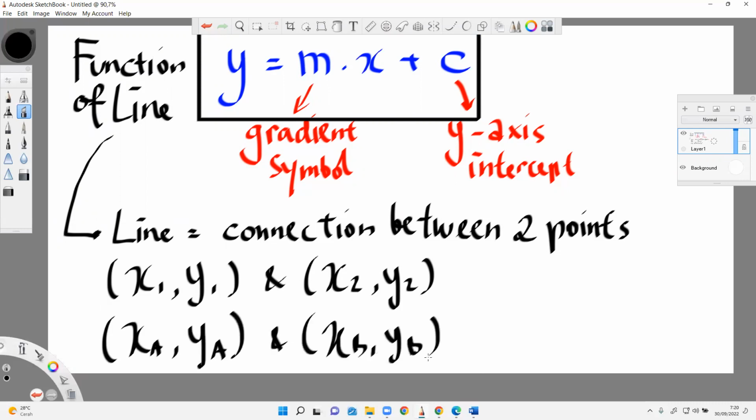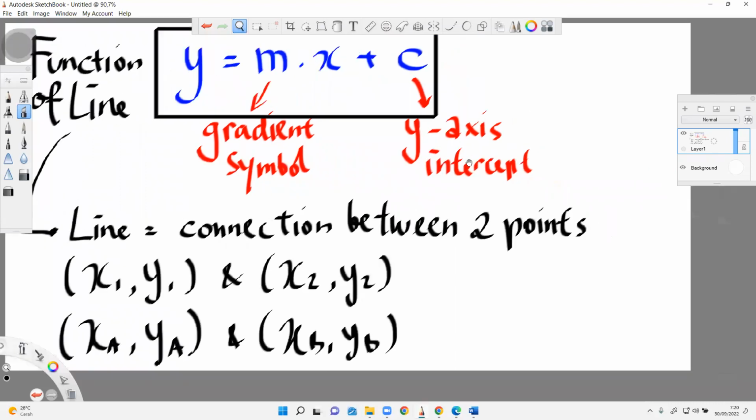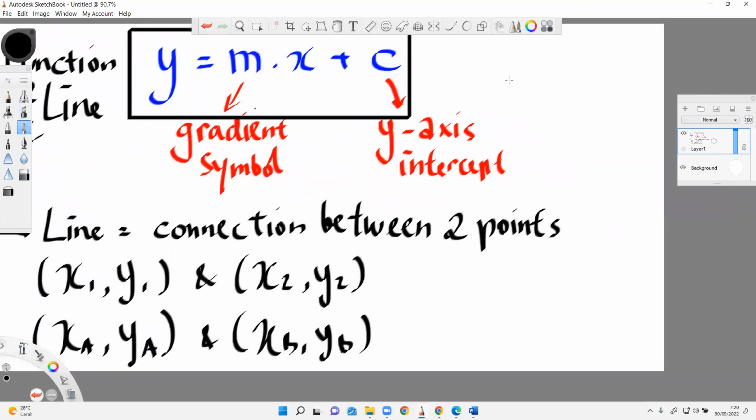No problem, as long as you know there are 2 points, for example point A and point B, or point P and point Q. We have a certain x and y: xP, yP, and xQ, yQ.